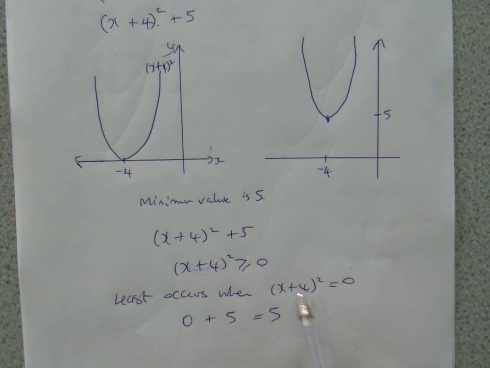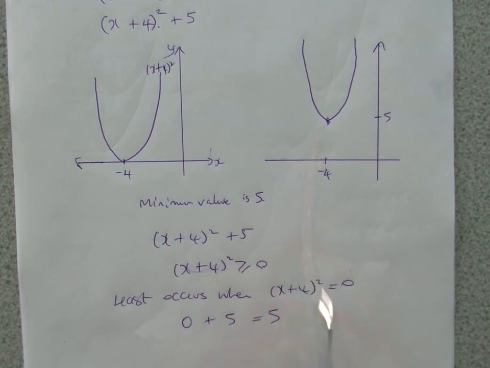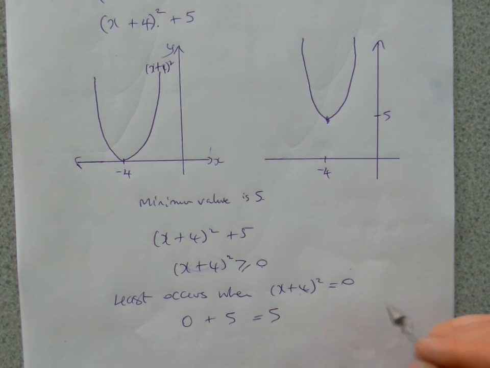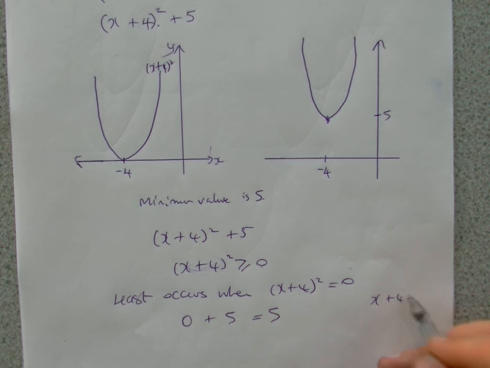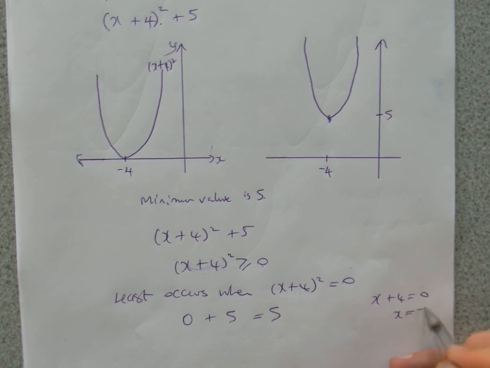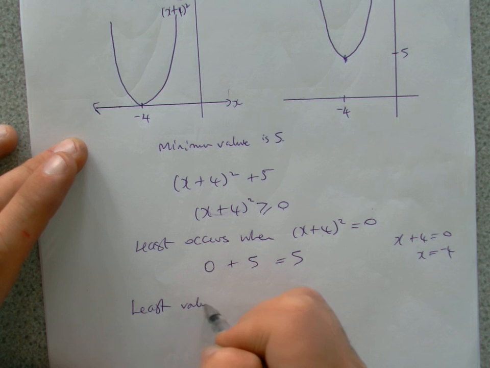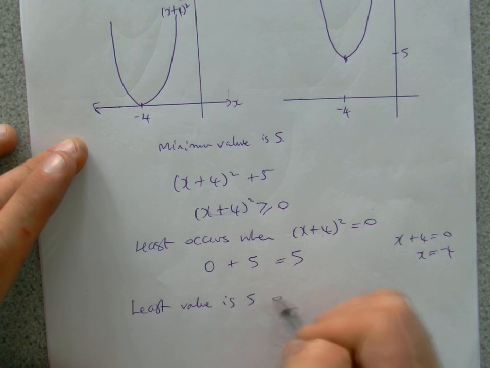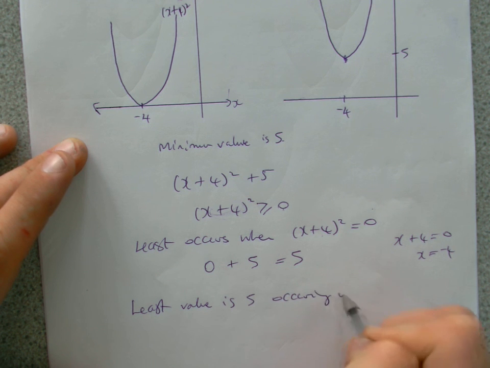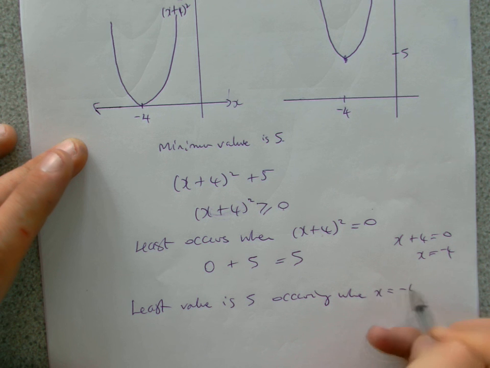Well, you can work that out from the graph. Obviously it was minus 4, or you could work it out from here. If (x + 4)² is 0, that means x plus 4 equals 0, so x is minus 4. So we could say the least value is 5 occurring when x equals minus 4.